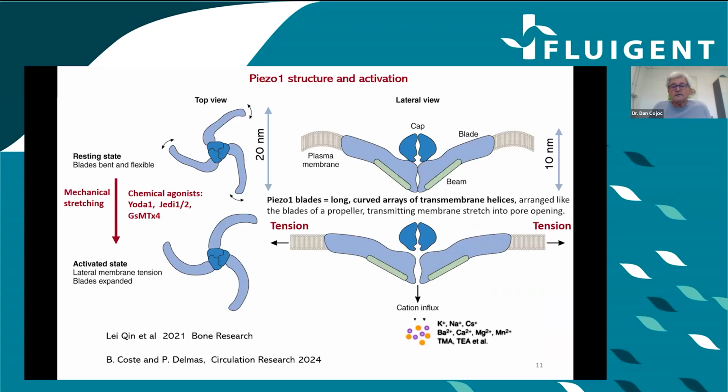Piezo1 has a structure, as you see, with three blades, the cap, and three beams integrated into the membrane. It is a relatively big protein, 200 nanometers by 10 nanometers. When the membrane is tensed, the blades are expanded and the channel opens, and the cap goes a bit up, letting the ions go from outside to inside the cell.